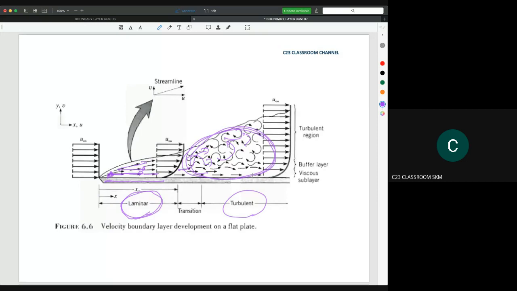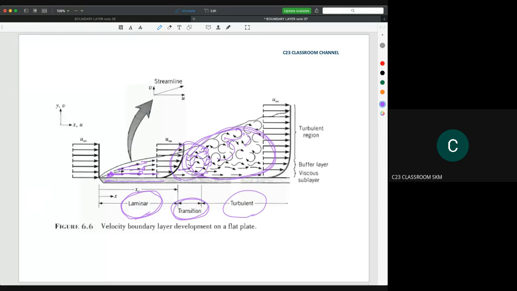Because the phenomenon occurs gradually, we could say that there is one region called the transition region here, a region where the laminar and turbulent boundary layers are mixed together.